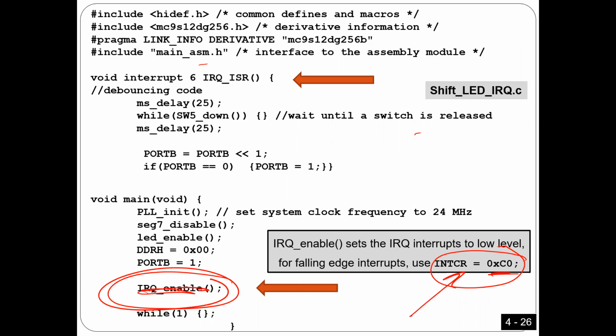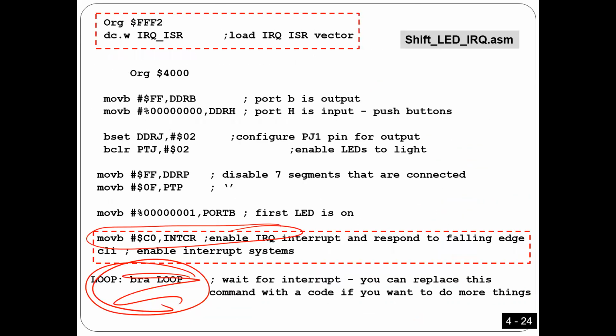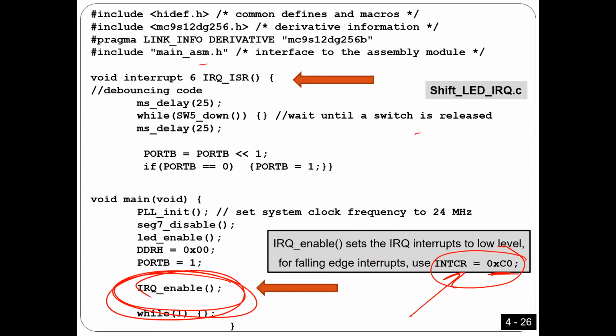In this case, what we had to do is go inside this function. You will see something like that, but this one is 40. So you can go inside this function and change this from 40 to C0. Is that okay, guys? So, conclusion: you have here a function that is going to enable IRQ interrupts and also configure them for low level.